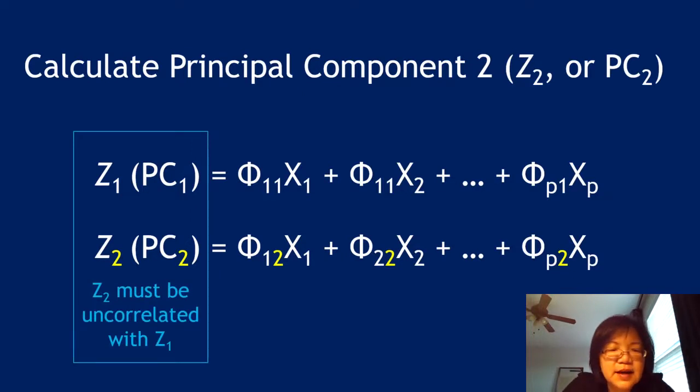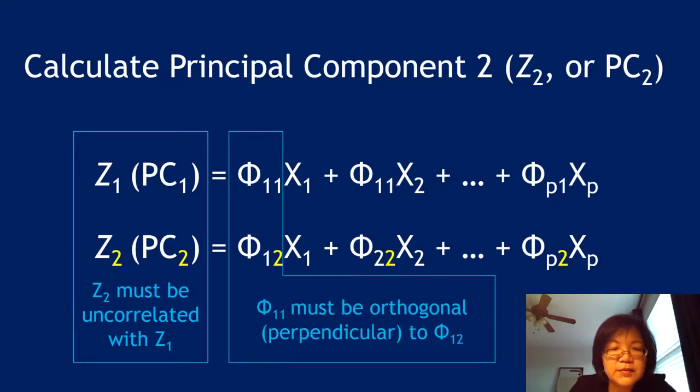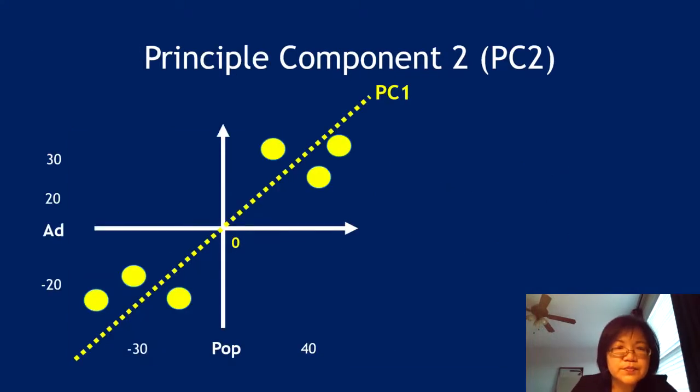The idea is that the second principal component has to be completely uncorrelated with the first one, and the phis have to be, in order to accomplish this goal, to make sure that Z1 and Z2 are completely uncorrelated, it turns out that you need to make sure that the phis are orthogonal or perpendicular to each other.